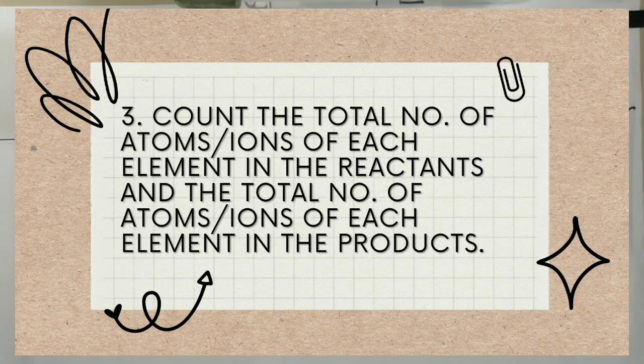Step number 3, count the total number of atoms or ions of each element in the reactants and the total number of atoms or ions of each element in the products.